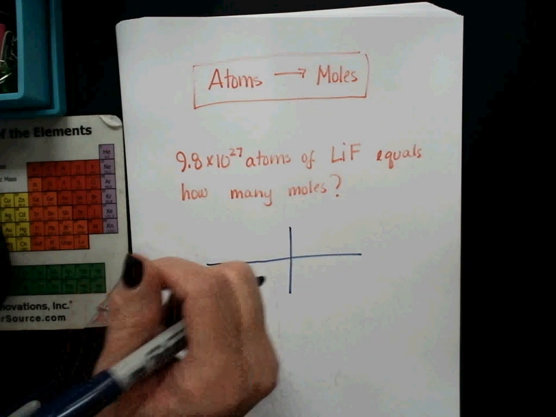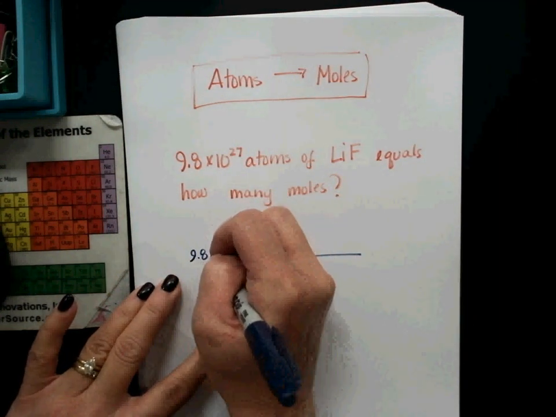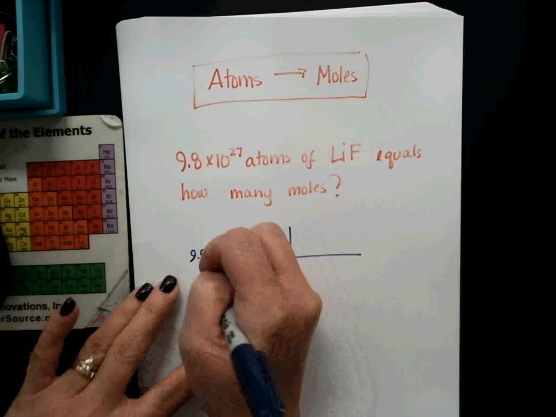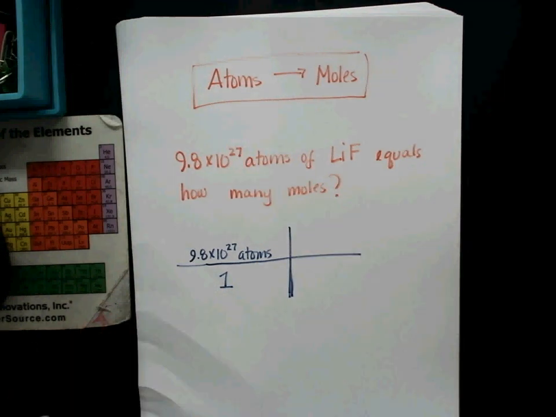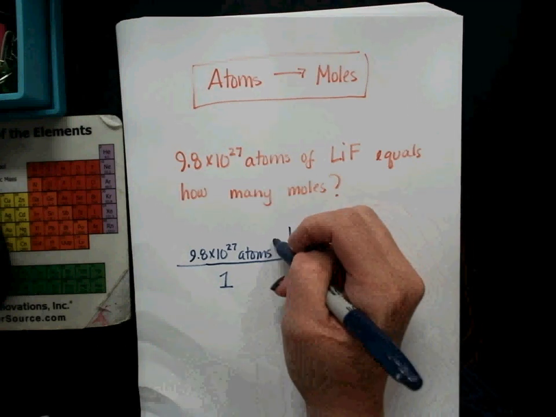So this is my last type of 2-step. So I'm going to bring my given down, 9.8 times 10 to the 27th atoms. And that's over 1. So there's my given.